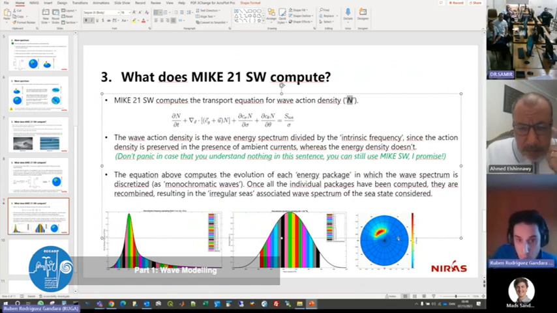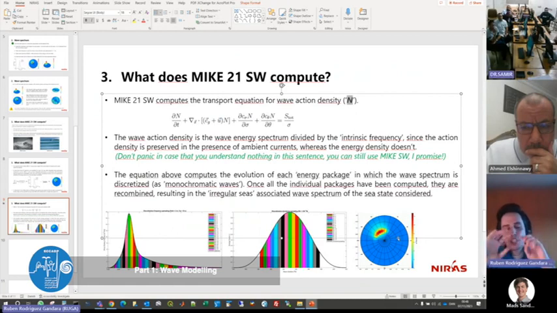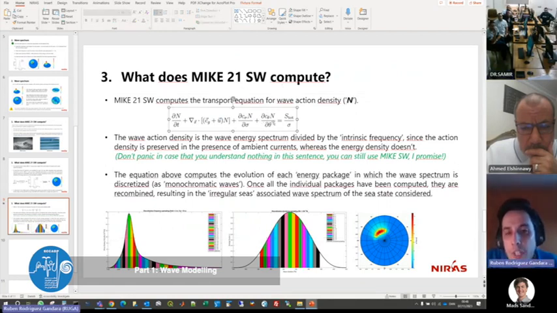Currents will push your waves, and if you have a spectrum, you will see that spectrum squeezed or expanded, because the current creates a relative motion between different reference systems. That's why it's so complicated, but it's just a number that is computed by Mike, and then it solves that equation. So you can understand that it's just your input spectrum divided by a certain number, and then this equation tells you what happens.